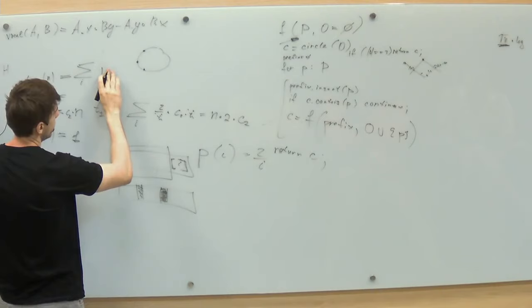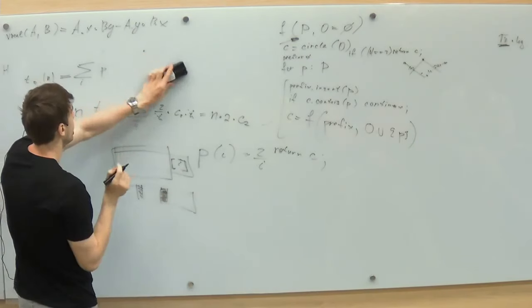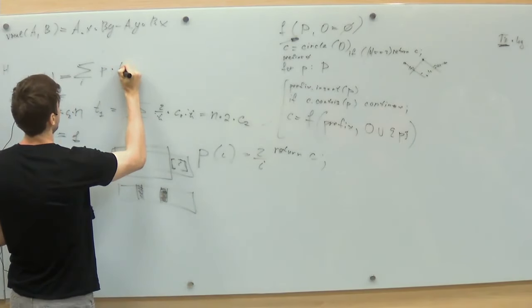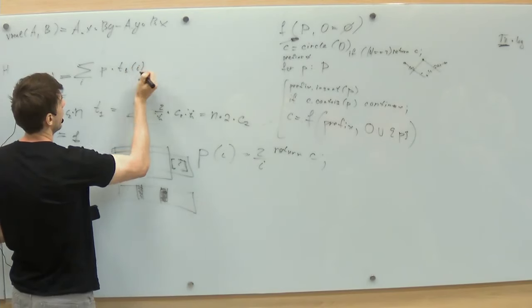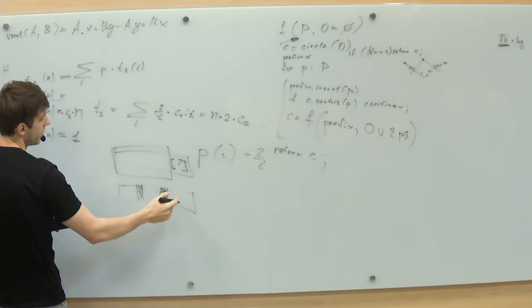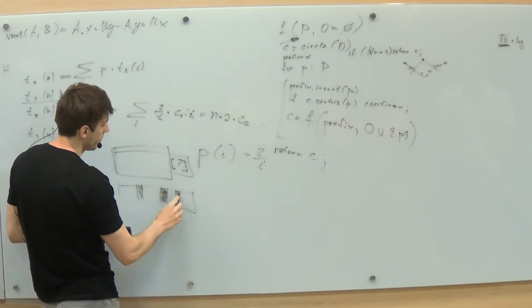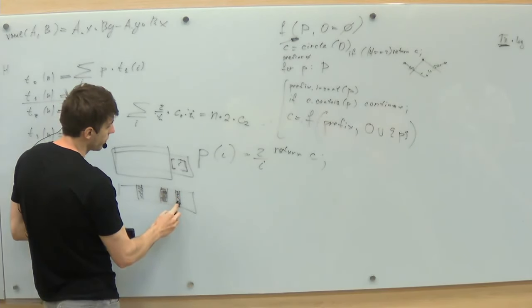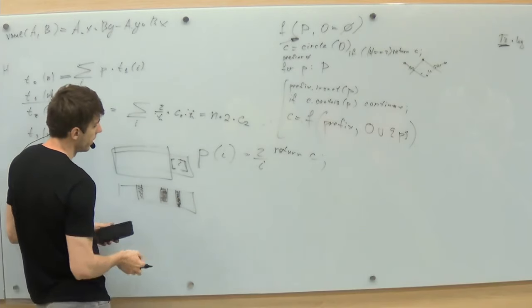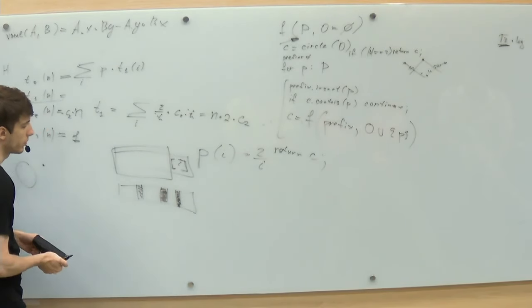Again, the same thing: the probability multiplied by t1 from I. Here we can prove in the same way that for each prefix there will always be 3 defining points, and the order does not influence what the points are.